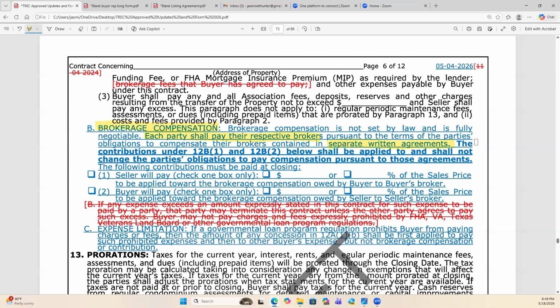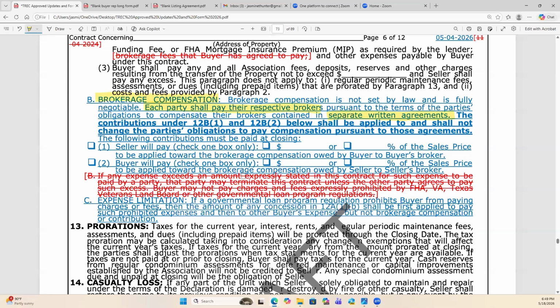Look at this bolded part. The contributions under 12B1 and 12B2 shall be applied to and shall not change the parties' obligations to pay compensation pursuant to those agreements. Okay. The following contributions must be made at closing. Look at this. Seller will pay a dollar amount or percentage toward the brokerage compensation owed by buyer to buyer's broker.